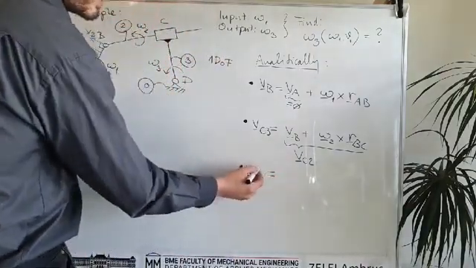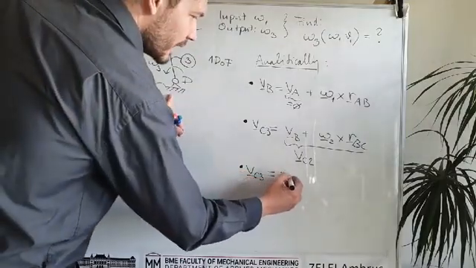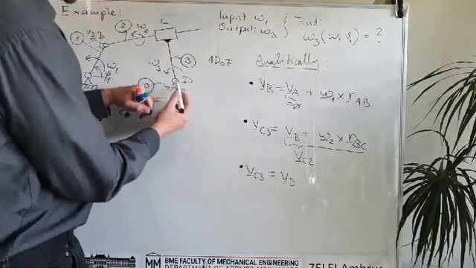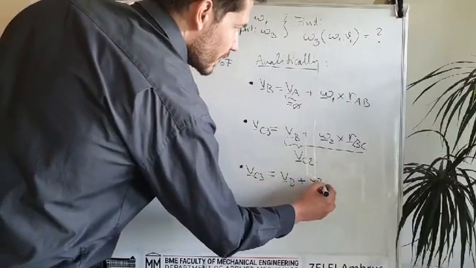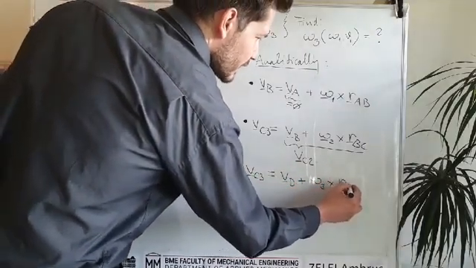So this velocity could be easily calculated by this formula. So this is Vd plus omega 3 cross RdC.